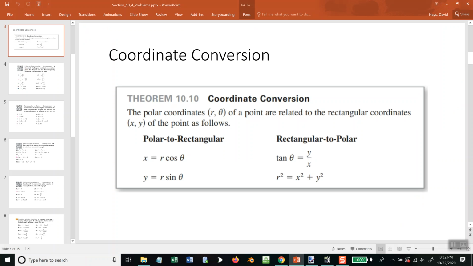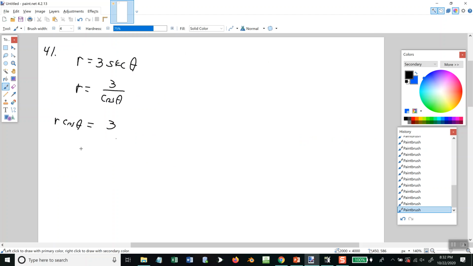And r cosine theta is equal to x. So this would be x equals 3. So the graph of it would be a line at x equals 3.